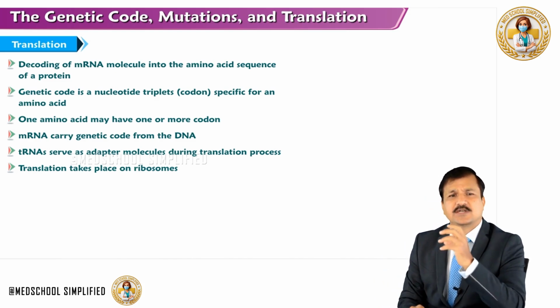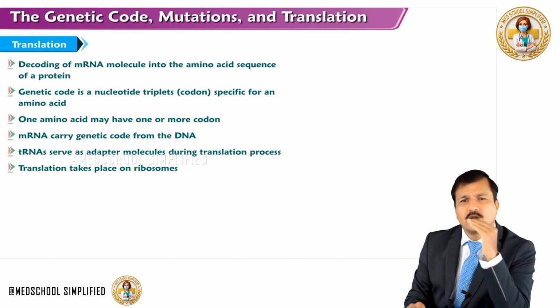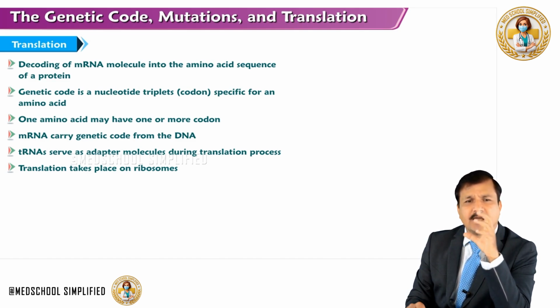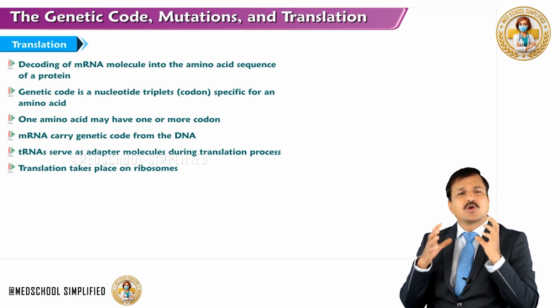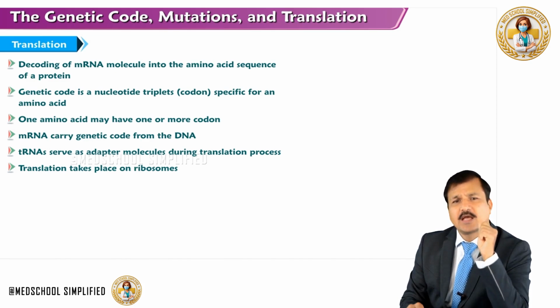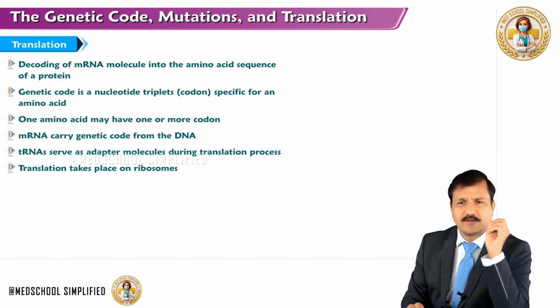Each amino acid is specified by one or more nucleotide triplets, which are referred to as codons in the DNA. During translation, mRNA acts as a working copy of the gene in which codons for each amino acid in the protein have been transcribed from DNA to messenger RNA.